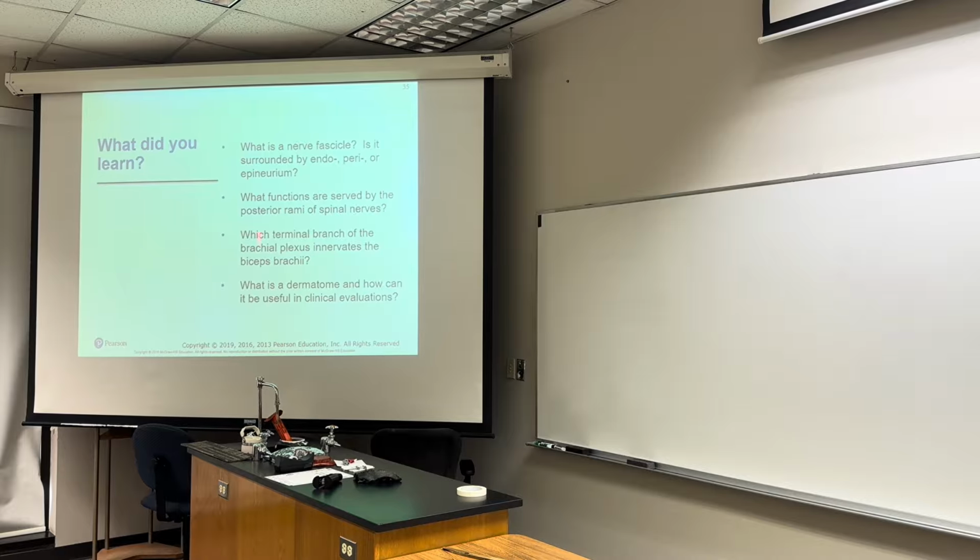Okay. So what functions are served by the posterior rami of the spinal nerves? Who remembers about the posterior rami, anterior rami? We did talk about it. Posterior rami, the short branch, right? And innervates the back. Yeah, very good.